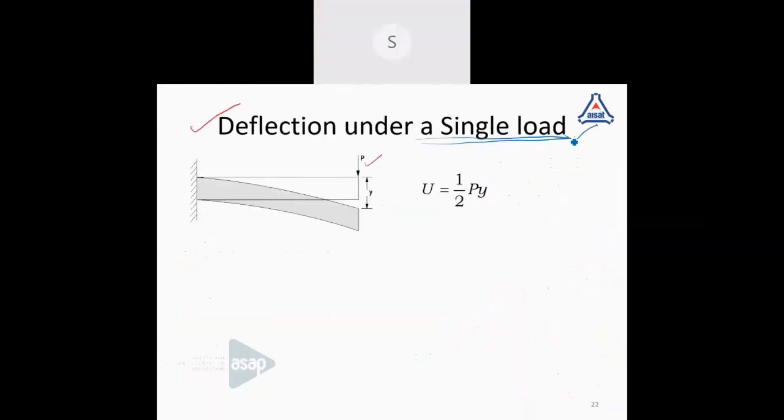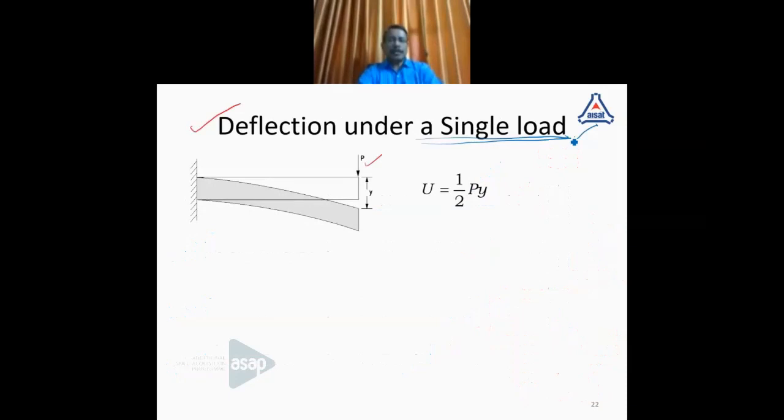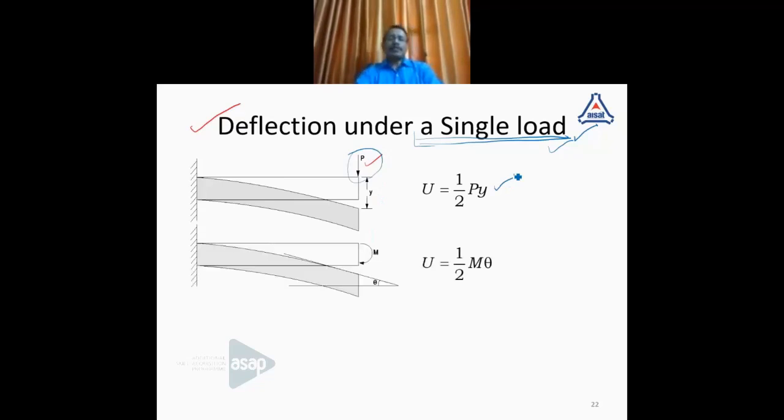So here, deflection under a single load is included in our syllabus. We are considering only determination of deflection using strain energy methods under a single load. Here a load of P is applied, and due to that a deflection of Y is produced, and this can be evaluated by this expression. Strain energy is equal to half of P into Y. And this is the case of a bending moment.